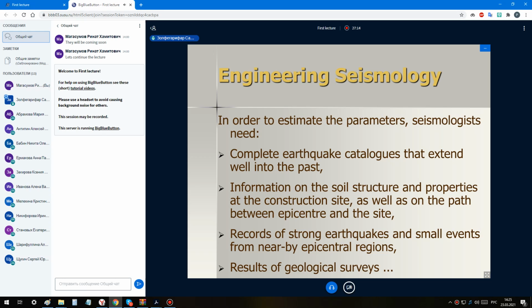Also, records of strong earthquakes and small events from nearby epicentral regions, and the results of geological surveys.